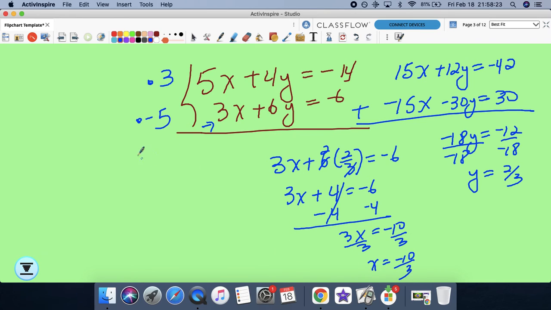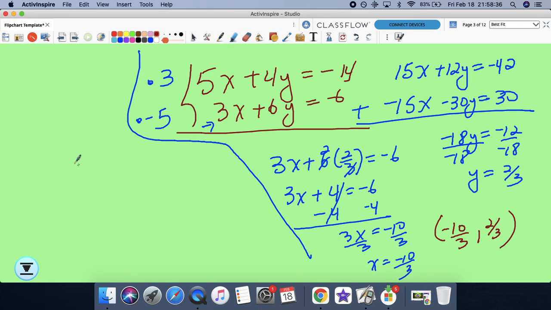Okay, so let's do a check. First equation, right? We're going to replace, so the point of intersection is negative 10 over 3, comma 2 over 3. So we get 5 times negative 10 over 3 plus 4 times 2/3, and that should give you negative 14.